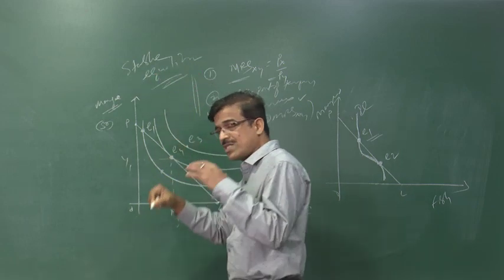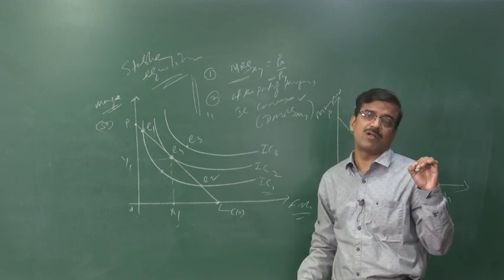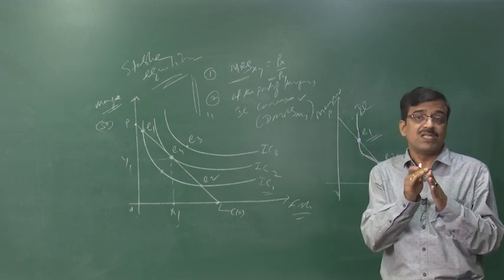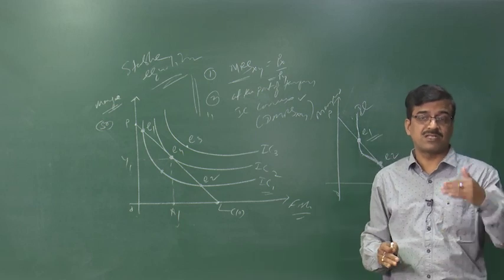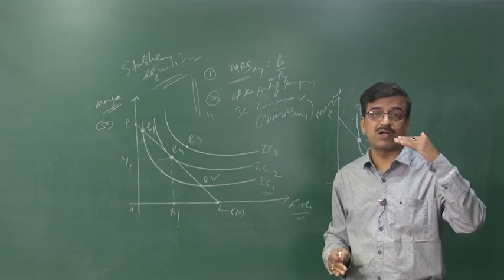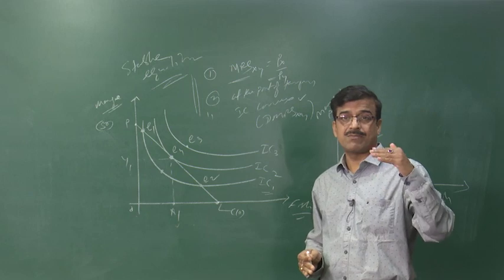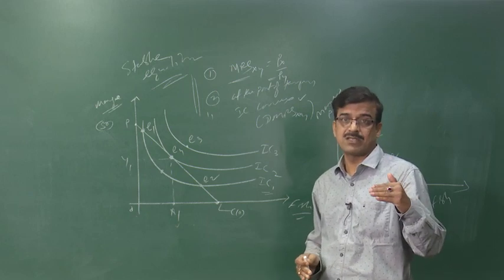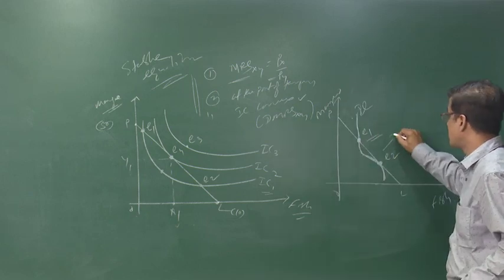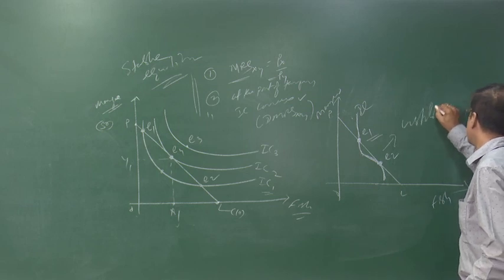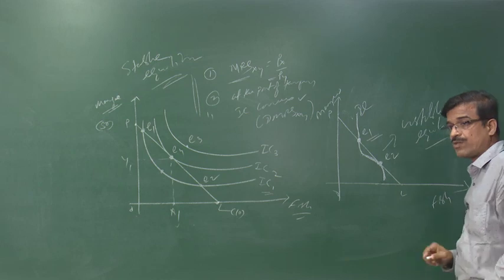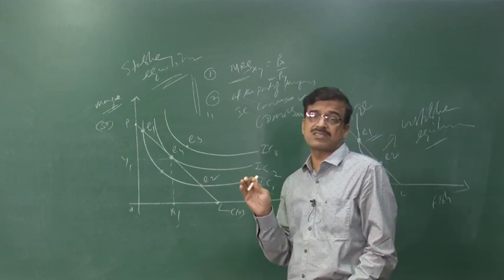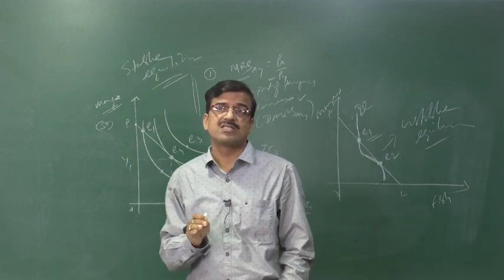That means once the consumer obtains that particular point of equilibrium, he is never going to change it, because that is the best combination, the point where the consumer is optimizing, that means maximization of satisfaction. But here it is called unstable equilibrium. Why? Because both the conditions are not satisfied.